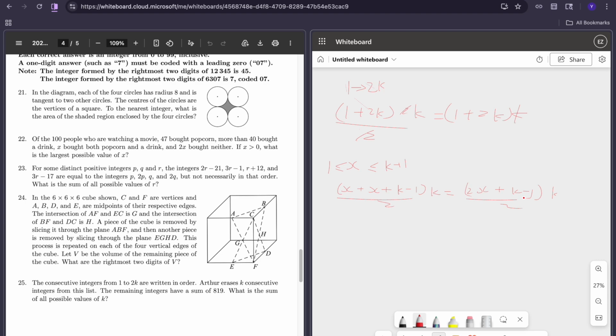So we subtract this value from this one and we expand it, we get k plus 2k squared minus bracket 2xk plus k squared minus k over 2 bracket equal 819.